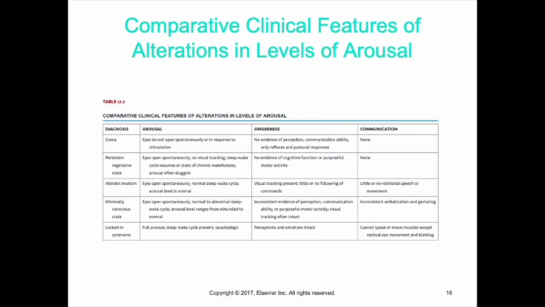With locked-in syndrome, there's complete paralysis of voluntary muscles, with the exception of your eye movement. Content of thought and the level of arousal are both intact, but the efferent pathways are disrupted. The individual can't communicate through speech or through body movement, but is fully conscious with intact cognitive function.